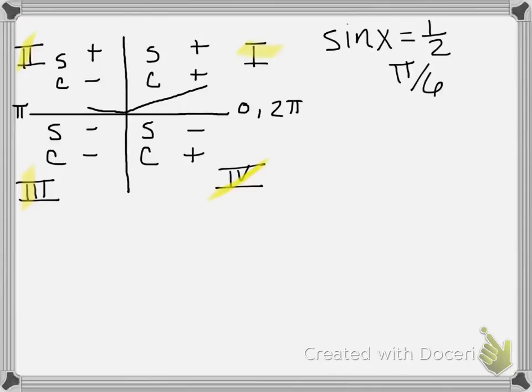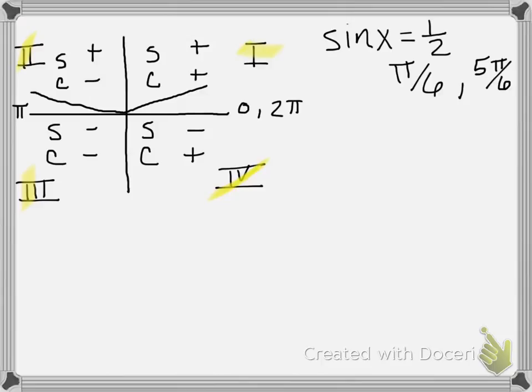But if you extend that a pi over 6 amount, basically you're going to be subtracting pi over 6 from pi, and you'll get 5 pi over 6. So sine of x equals 1/2 at pi over 6 and 5 pi over 6, because sine is a periodic function.